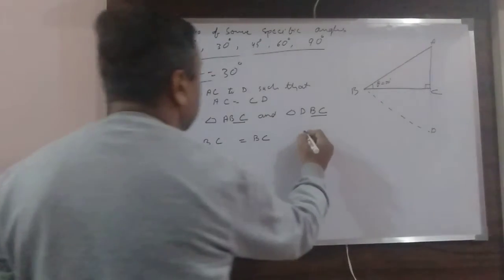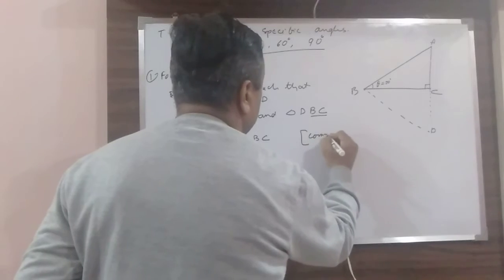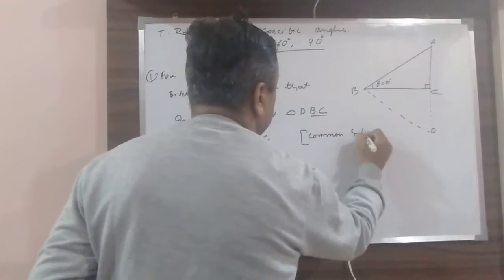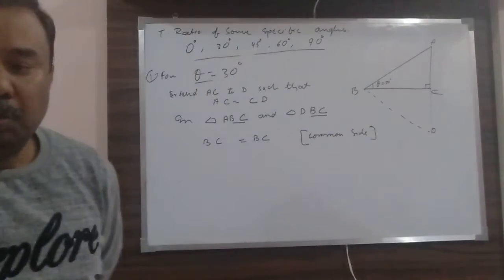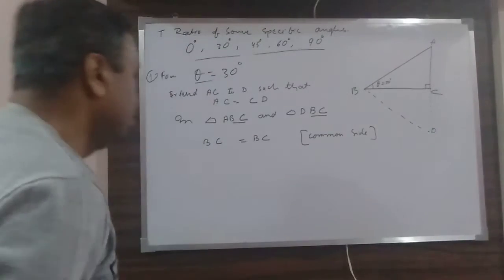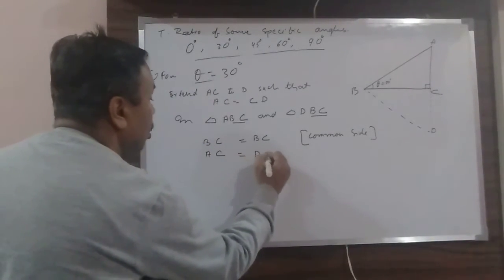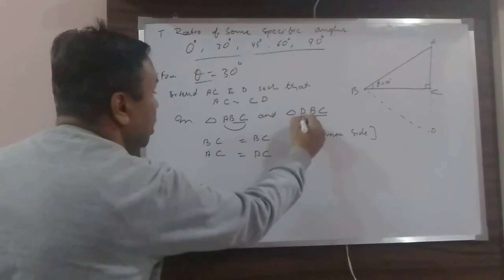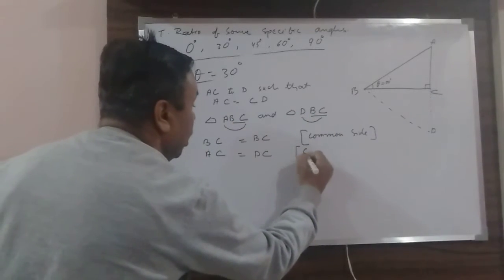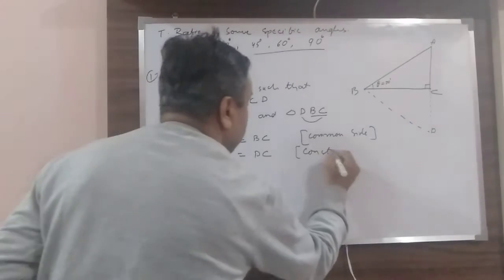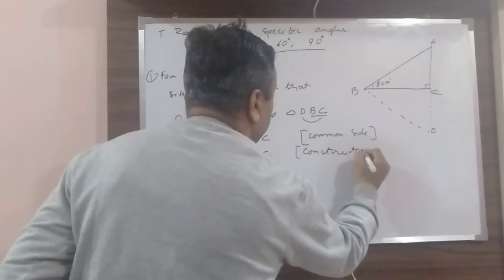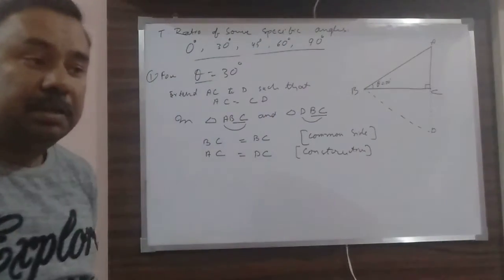Why? Common side. This is the side common to both the triangles. Then AC will be equal to DC. Why? By our construction, because I have constructed it like that.